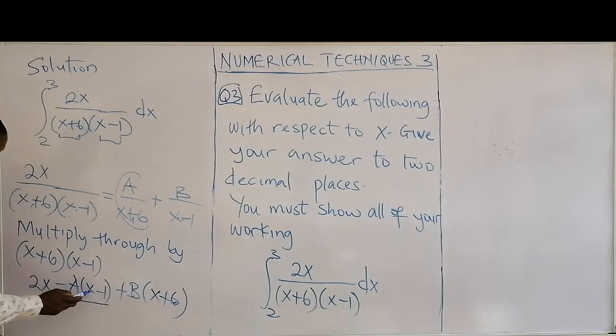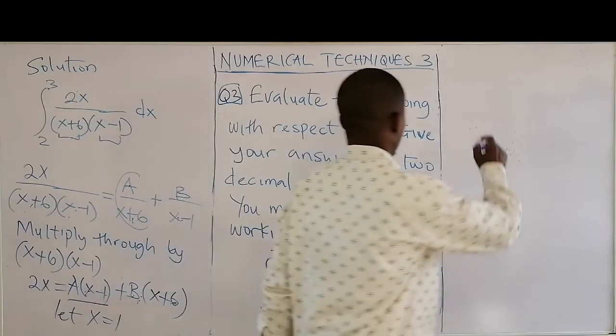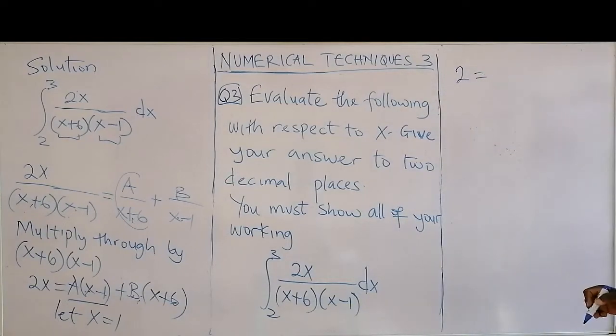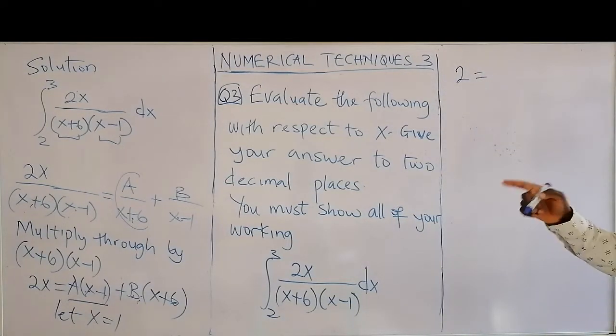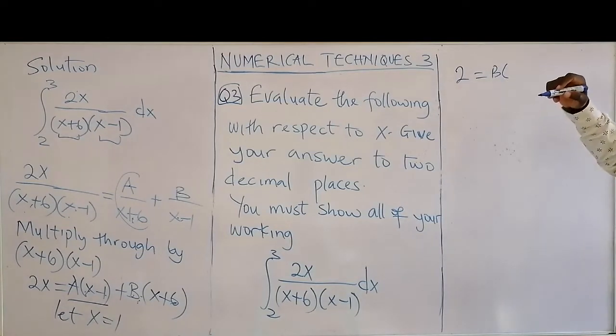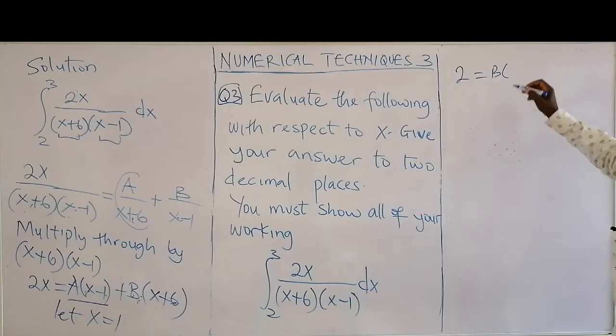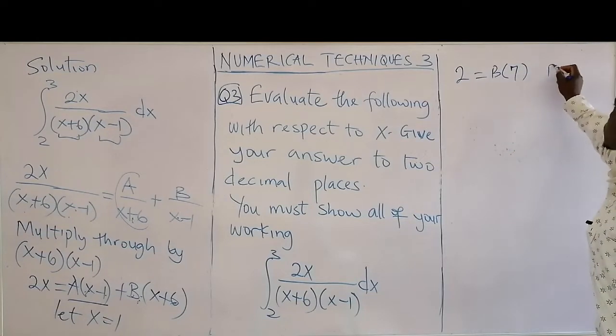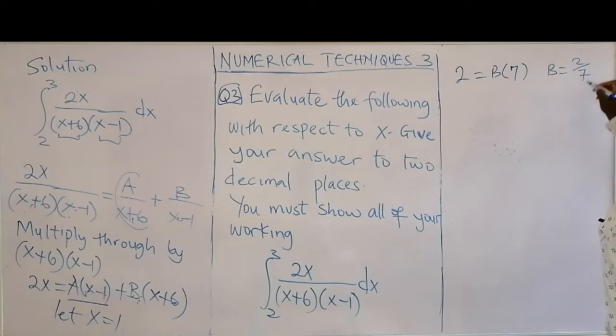If x minus 1 turns to 0, then we can get B. So let's substitute x equal to 1, so that A cancels. Then 2 times 1 equals (1 minus 1) times A, which cancels, plus B times (1 plus 6), that's 7. So B is 2 over 7.